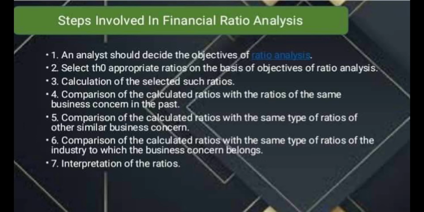Number 5, comparison of the calculated ratios with the same type of ratios of other similar business concerns. Number 6, comparison of the calculated ratios with the same type of ratios of the industry to which the business concern belongs. And lastly, the explanation or the interpretation of the ratios.